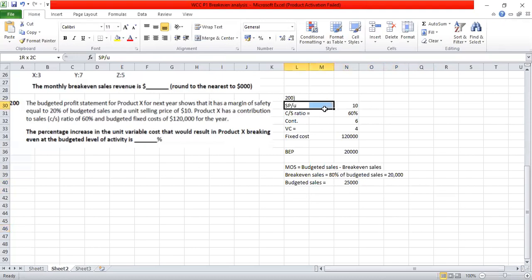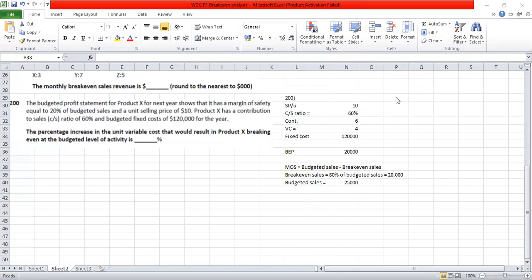This is the data which is given. We have selling price 10, contribution 6, and variable cost is 4. Fixed cost is 120,000. The point given here is margin of safety is 20% of budgeted sales. We do not know what the budgeted sales are.